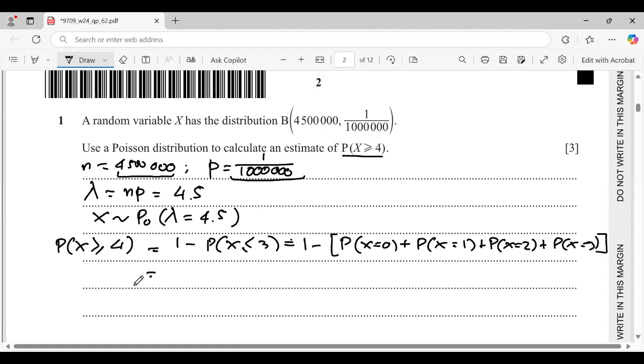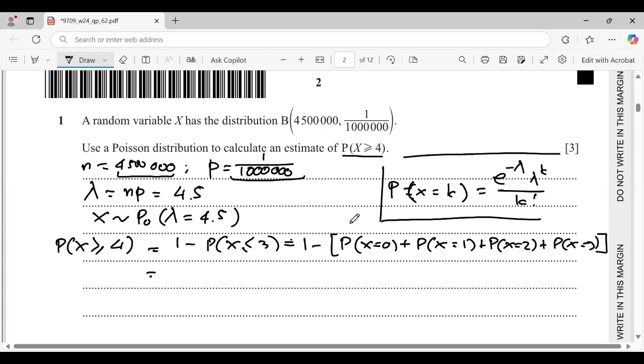And based on the Poisson formula, I'm writing here probability X equal k is e to the power minus lambda times lambda to the power k over k factorial. We are going to use this rule.